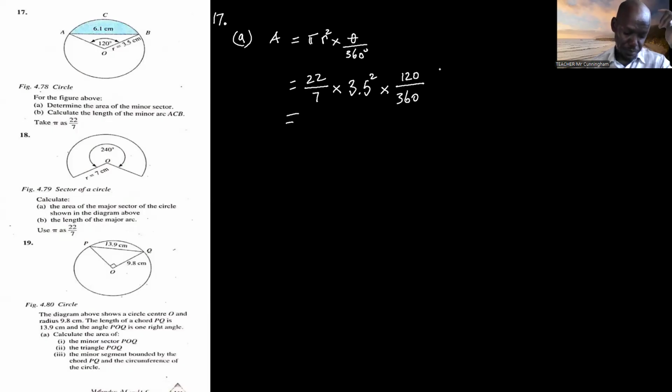What's the answer for 22 over 7 by 3.5 squared by 120? So the area. Give me the answer.